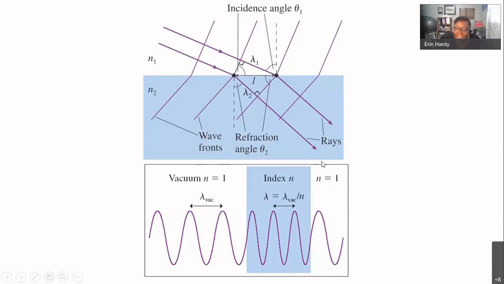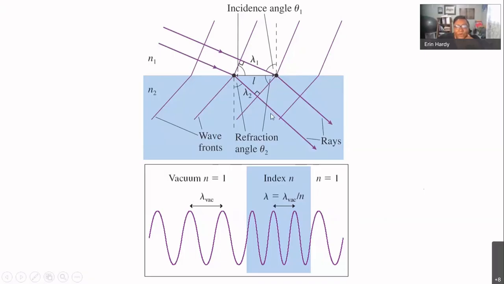And then on the opposite side of this boundary, if you're going from small to large, we know that the angle should go from small to large, and the wavelength itself is also going to go from narrower to wider. It's a little harder to see on the second interface, but since we're assuming that we have vacuum on either side, lambda vacuum that is indicated here on the left would be exactly the same as the value that you would see on the right-hand side.